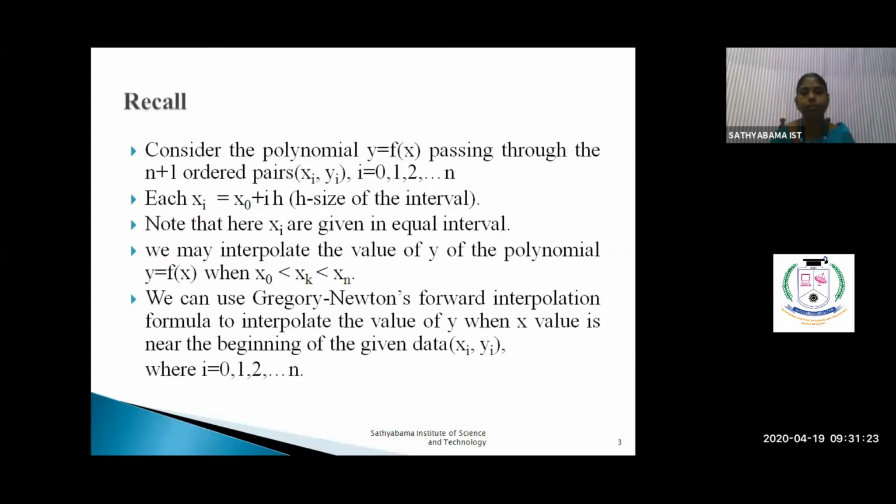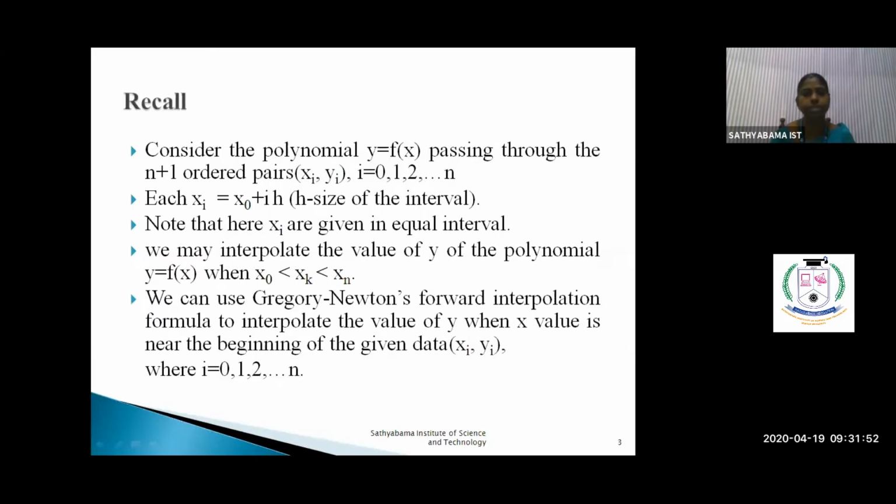Consider the polynomial y equal to f of x passing through the n plus 1 points xi, yi, where i equal to 0, 1, 2, 3, etc., n. And note down here each xi is given in equal interval. So that is, xi equal to x0 plus ih.